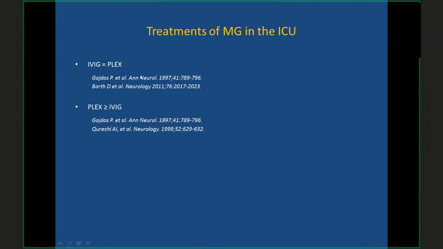Some said plasma exchange is slightly better than IVIG, and probably the patient shows recovery a little bit quicker. Usually after plasma exchange, you might see some improvement within 2 or 3 days. IVIG takes a little longer, up to a week.